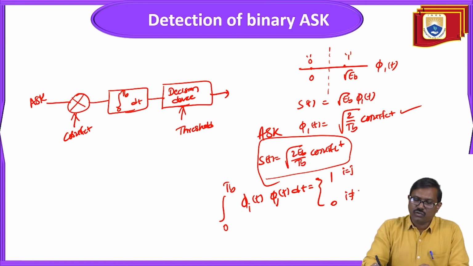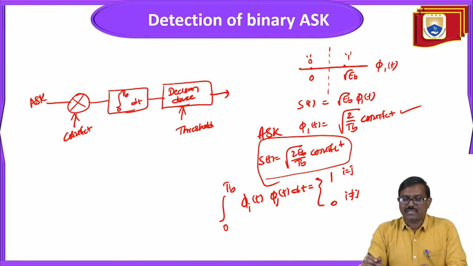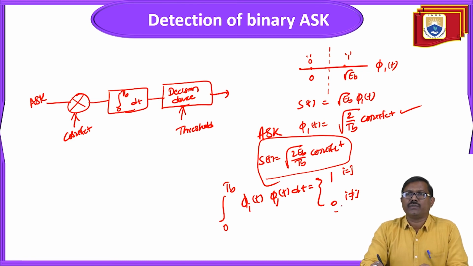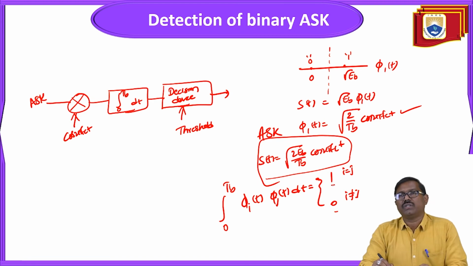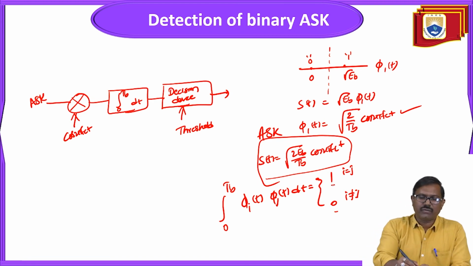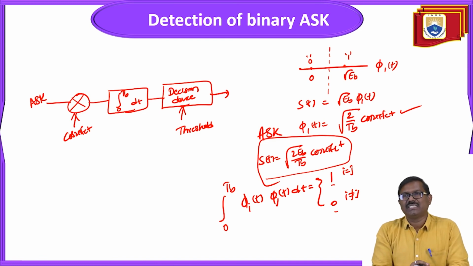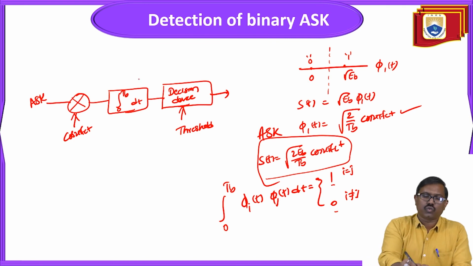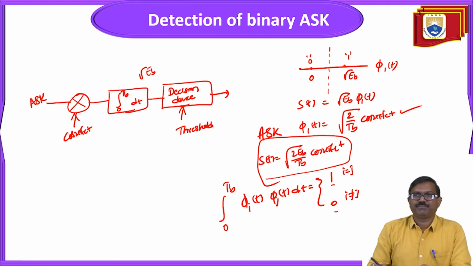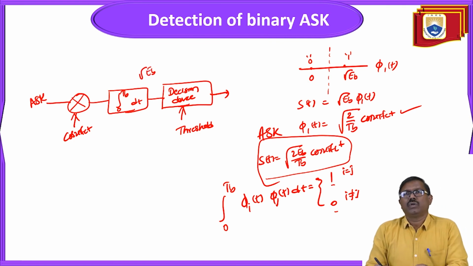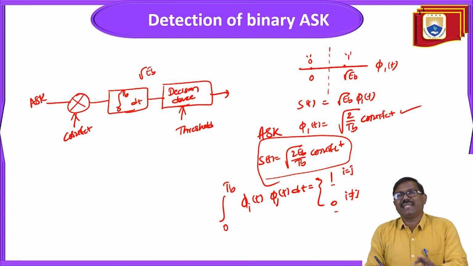For i not equal to j, it produces the orthogonal value, that means 0. If they are both equal, it produces the normalized value, that means 1. So in that way, this integrator filters the total basis function and allows only the root Eb term to come out of the integrator.